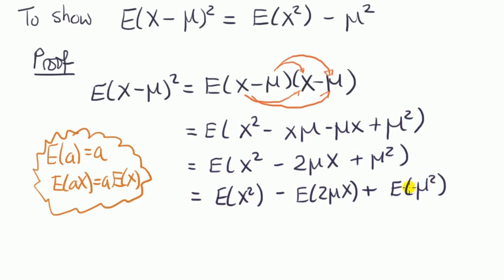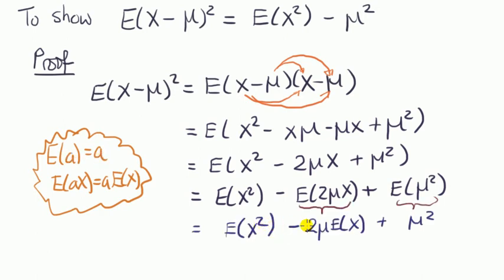Mu squared, because it's based on mu and mu is a constant, mu squared will be a constant. So this second term we can apply this rule because we have a constant times a random variable. This third term is an expectation of a constant, so we apply this rule to give us this.